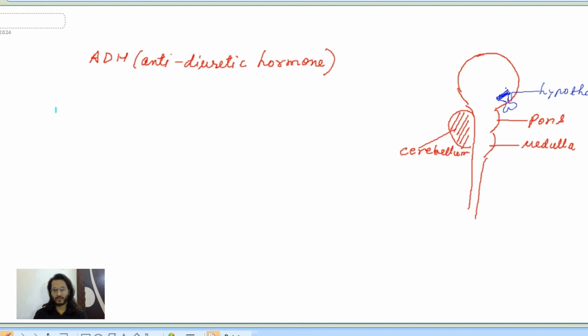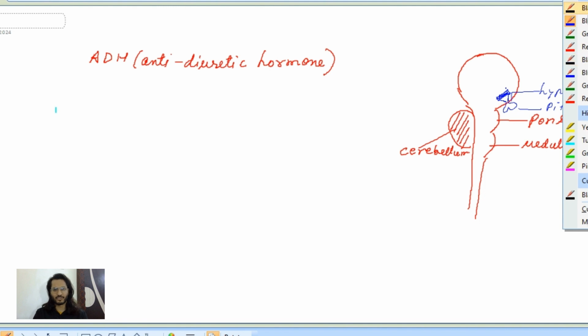And this is the pituitary gland, or you can say hypophysis. The pituitary is attached with the hypothalamus by a stalk which is called the infundibulum.